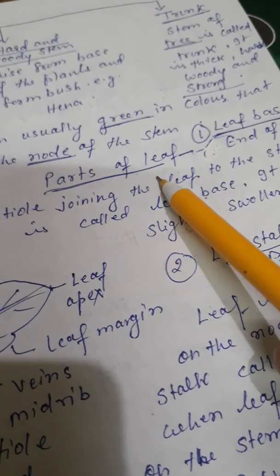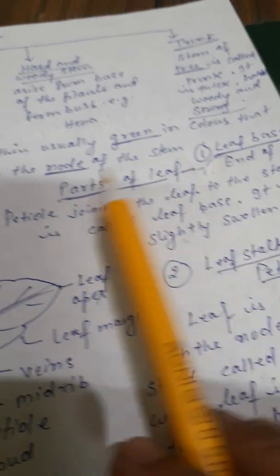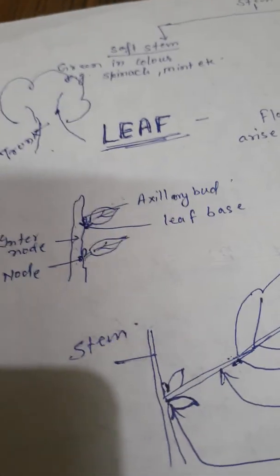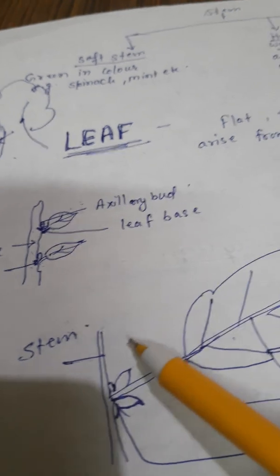Parts of the leaf. First, leaf base. This is leaf base.